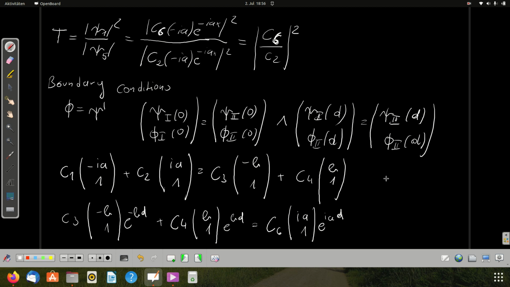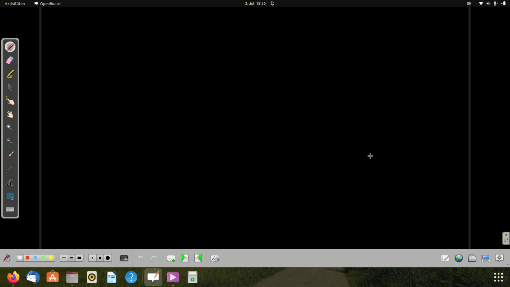So therefore, let's simply divide both equations by c6 and define new constants, namely d_i is defined as c_i over c6. With this definition we arrive at the following system of vector equations.